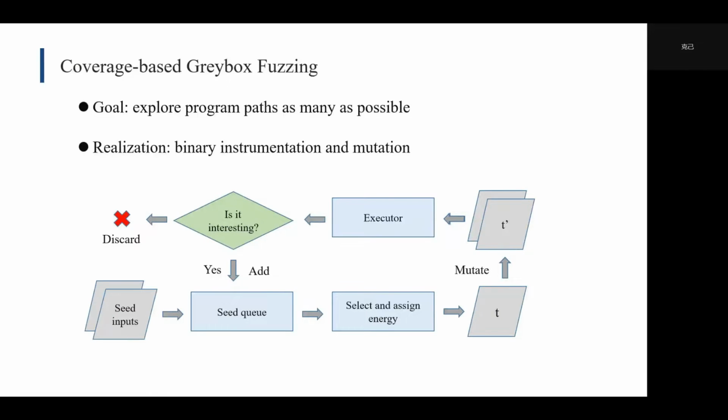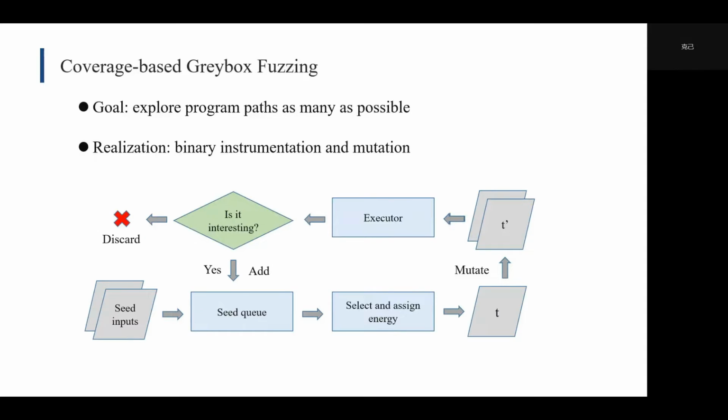The purpose of CGF is to explore as many program paths as possible. Given a seed set, CGF uses a series of predefined mutation operators to generate new test cases by slightly modifying seeds. It implements binary instrumentation to identify which code blocks the test cases have reached and determine the explored program paths.